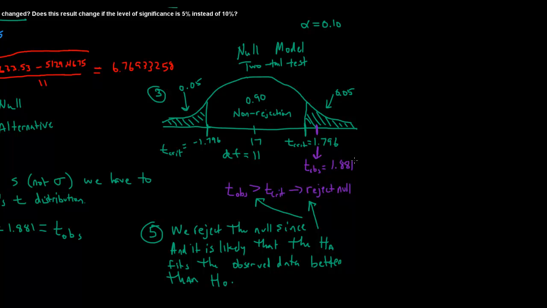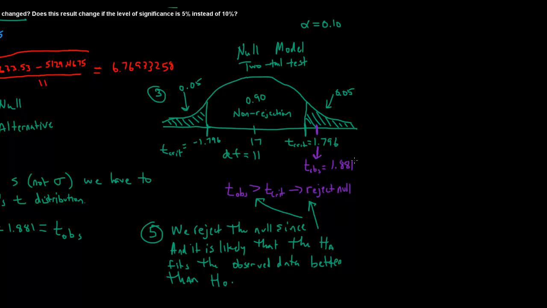Again, degrees of freedom 11, and if I look at a t-value of 1.881, I don't find 1.881 exactly. I see 1.363, 1.796, and 2.201. So I don't have an exact t-value in my chart of 1.881.